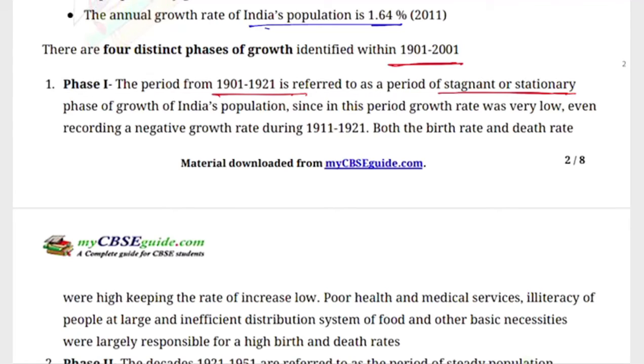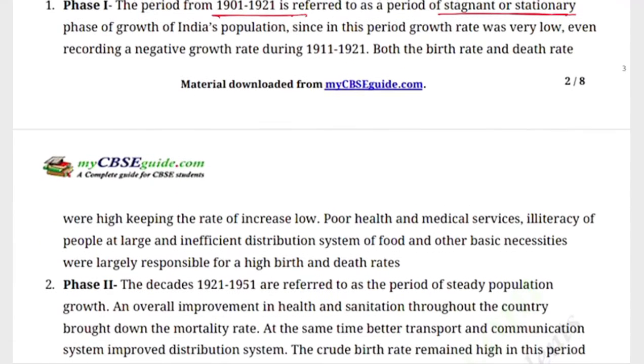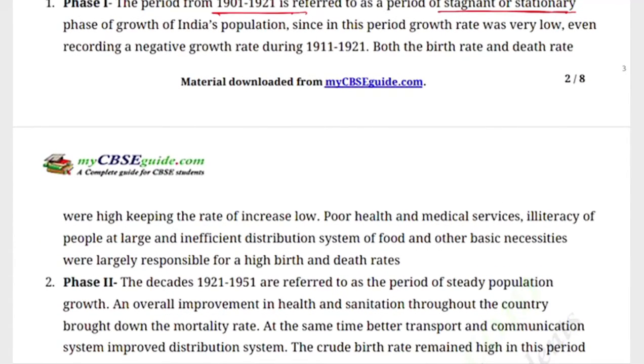Both the birth and death rates were high, keeping the rate of the increase low, because during this period the number of deaths was high and the number of births was less. That's why the growth rate was very low.